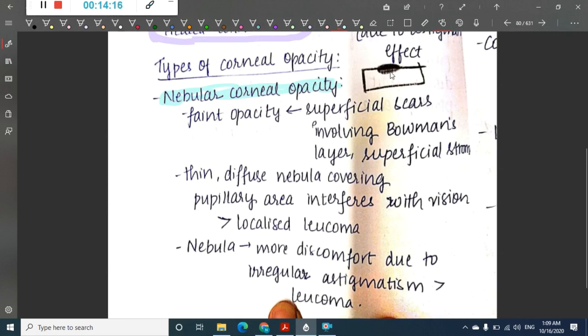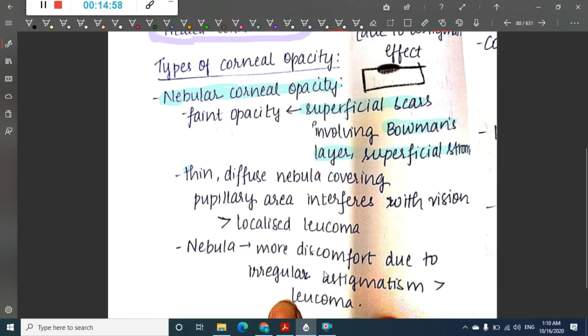Nebular opacity mainly involves superficial scars involving Bowman's layer and superficial stroma only, which causes faint opacity. We call it nebular corneal opacity if it contains superficial scars involving Bowman's layer and superficial stroma.